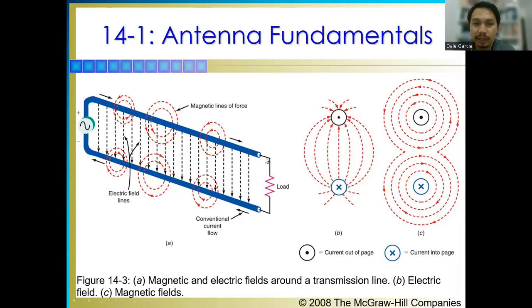Now, if we remove the load, this makes our setup an open line, open circuit. So, we've also learned before sa transmission line theory that an open line, or open circuit, could act as either a capacitor or an inductor, and we could use it to cancel out some unwanted reactances atong load in the form of a stub, diba?